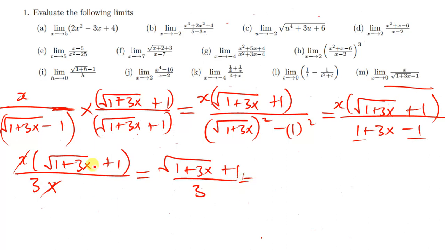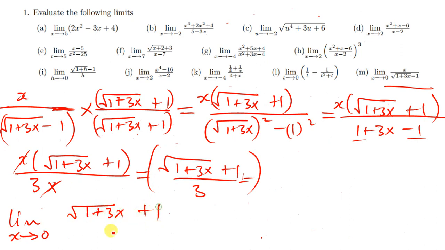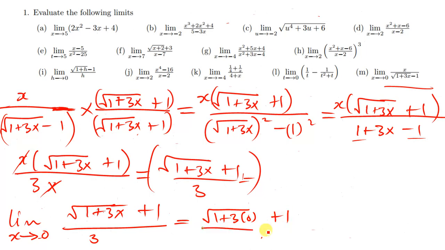Now to find the limit, we say the limit as x approaches 0 of the root of 1 plus 3x, then plus 1, everything over 3. So you replace x with 0, and you're going to have the root of 1 plus 3 times 0, then plus 1, everything over 3.